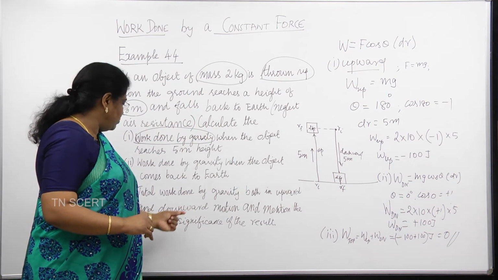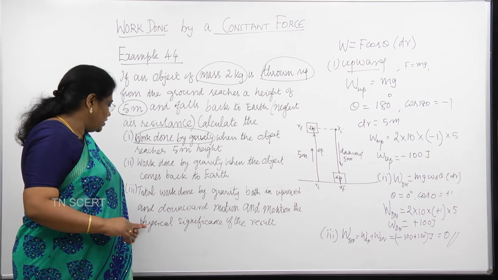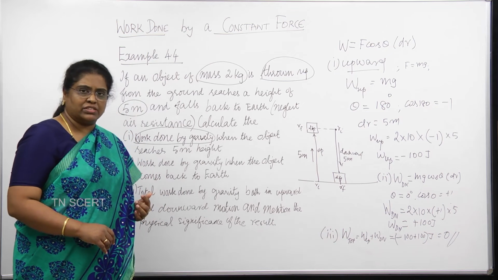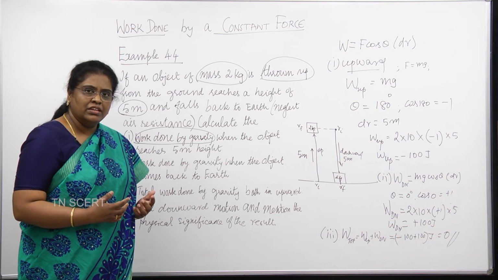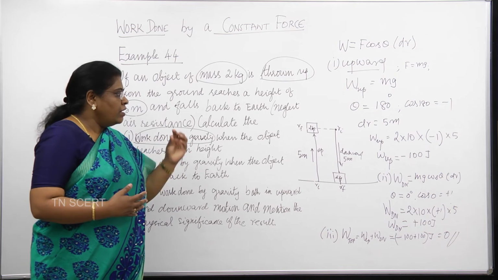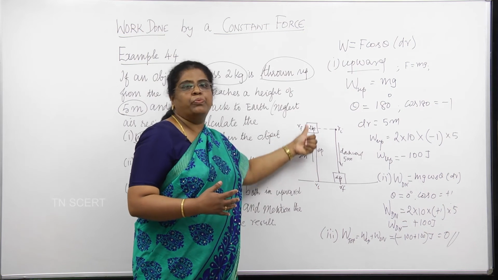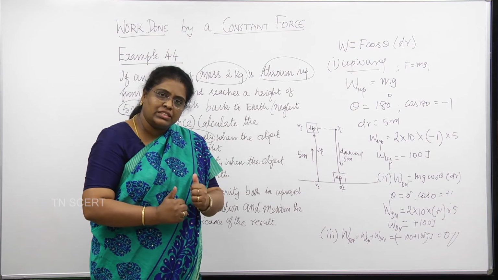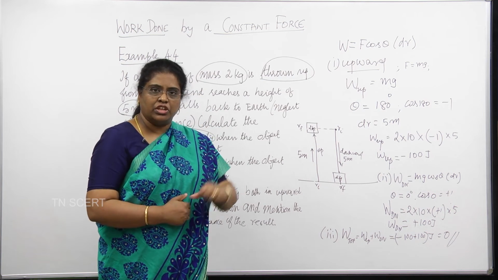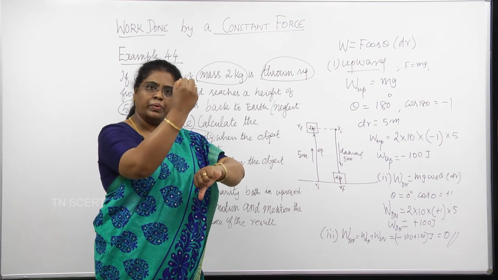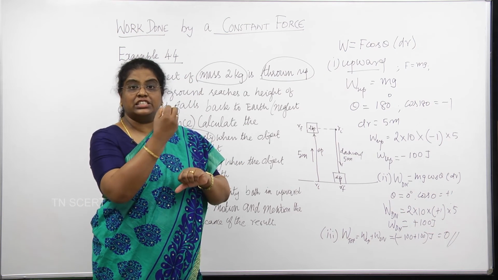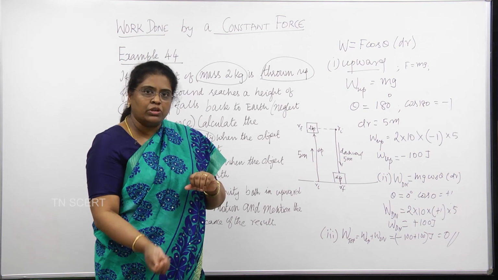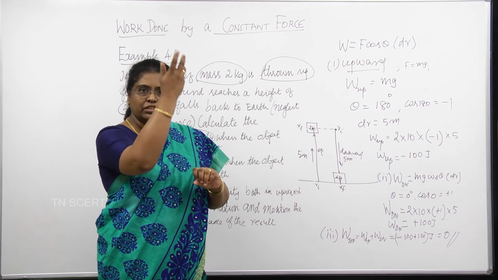Now, you are asked to give the physical significance of the result. What does it convey to us? What physics does it tell us? When the object moves upward, some energy is transferred because work is done against the direction of the force. Though mg pulls it down, it goes up, and therefore some energy is given to the object by an external source. The external source could be someone who throws it or something which makes it move upward.